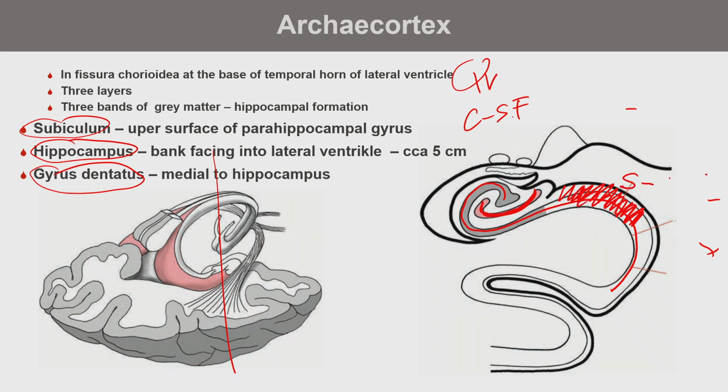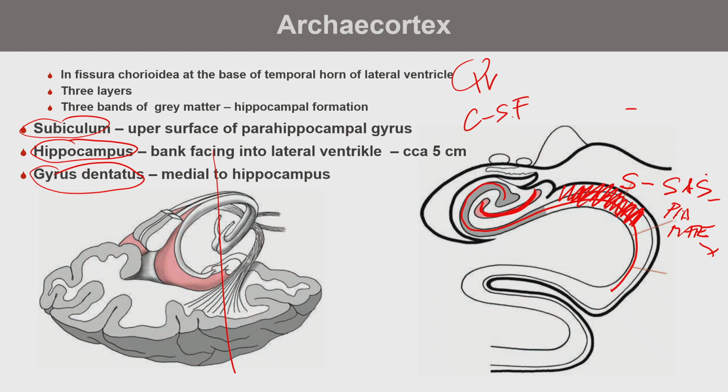Subiculum has related surface to the subarachnoidal space. So this is the upper part of a parahippocampal gyrus. It is covered by pia mater.